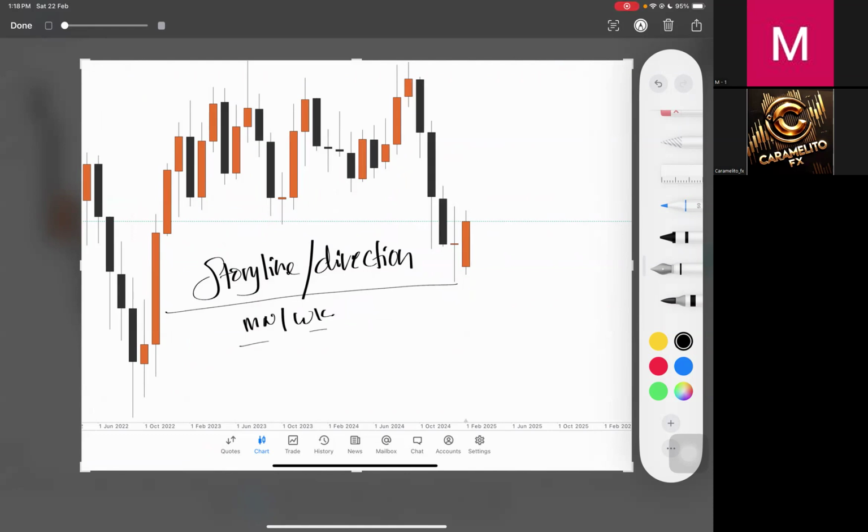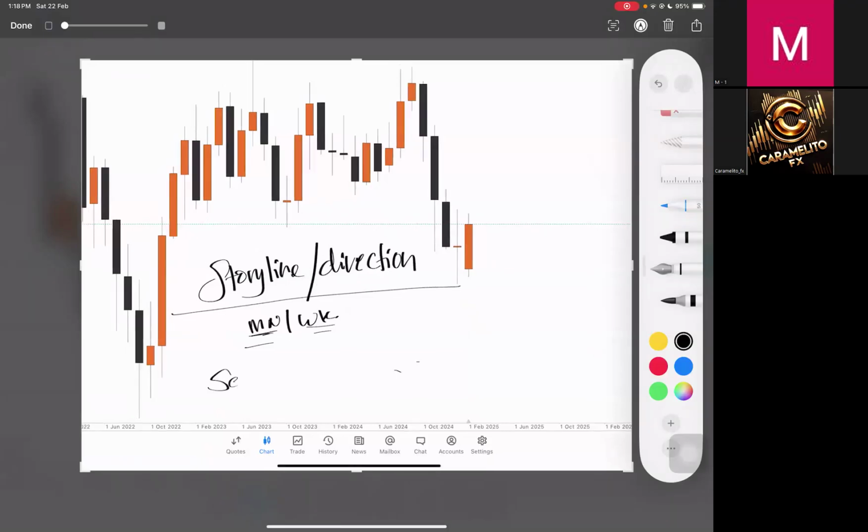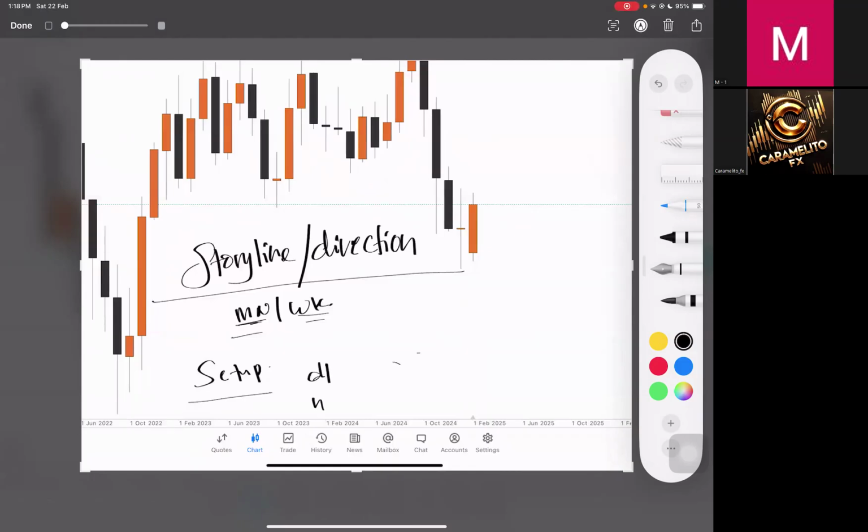If let's say you seldom open that certain pair, you can start on weekly. Not every day you want to open monthly, because it's one month's one. So you can start to check on weekly. Once you understand the storyline direction, only then you find a setup. On which time frame? Daily or H4.